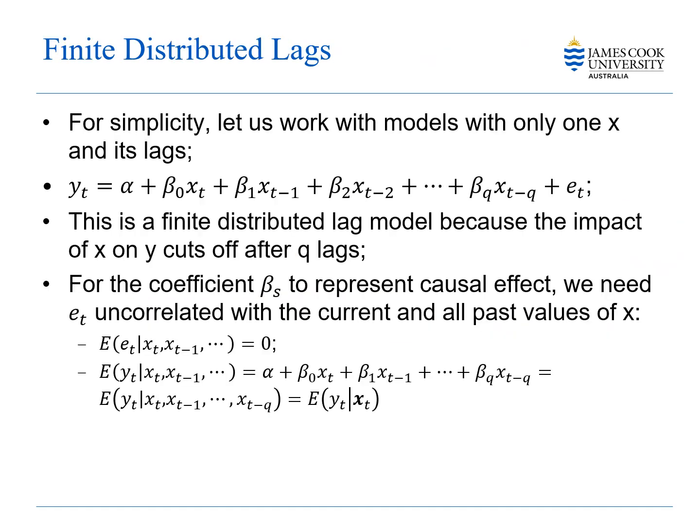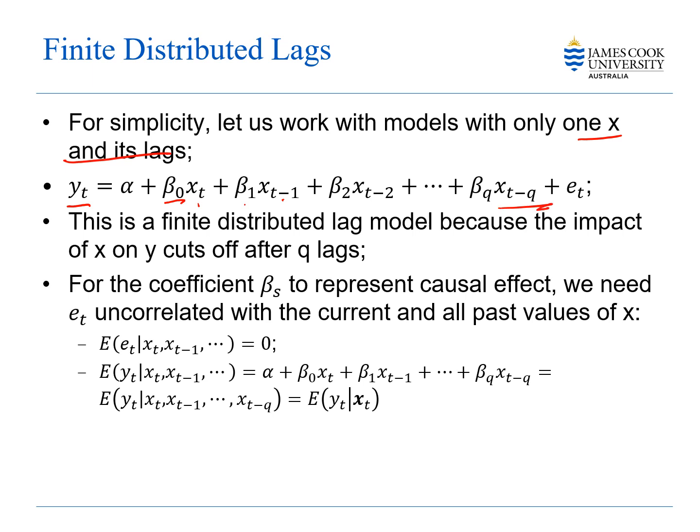So, okay, for simplicity, let us work with models with only one X, and let's look at finite distributed lag models. So yt is alpha plus beta 0 times xt plus beta 1 times xt minus 1, and so on and so forth until xt minus q, plus error terms.